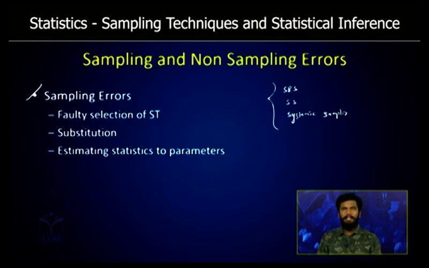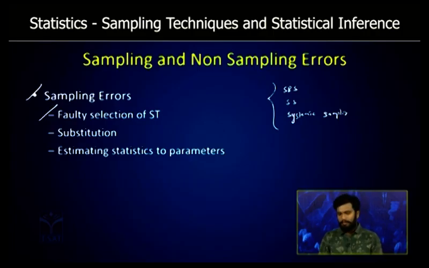Whenever you are sampling from the population, you have to be particular about which sampling technique you have to apply on that population. If you select the faulty sampling technique for the population, then this kind of errors will occur. The faulty selection of the sample. You have to select the appropriate sampling techniques for the populations.